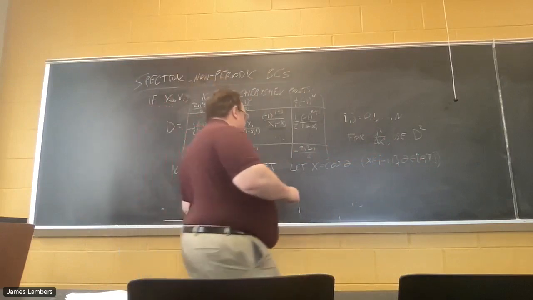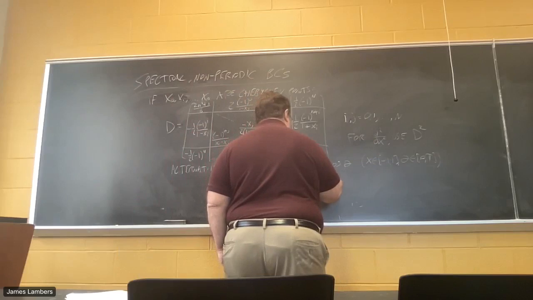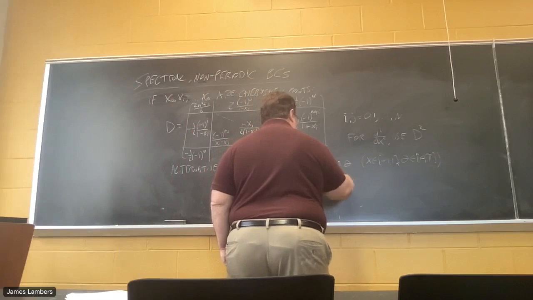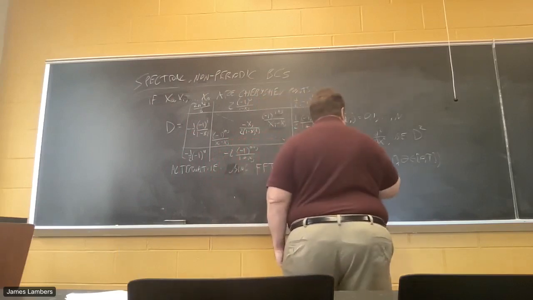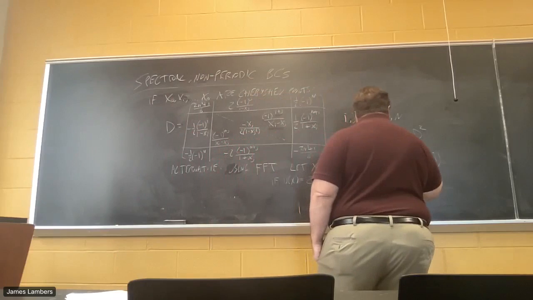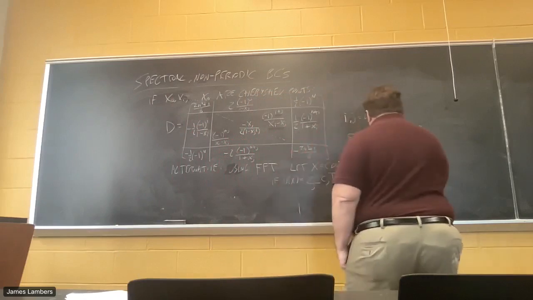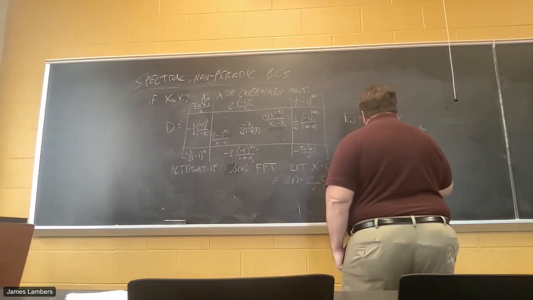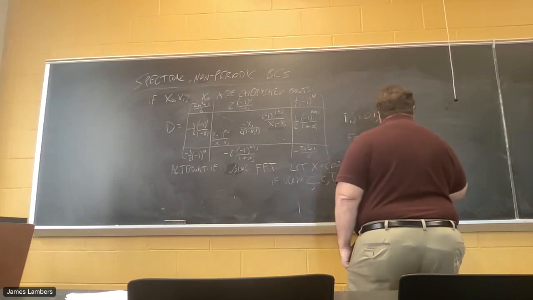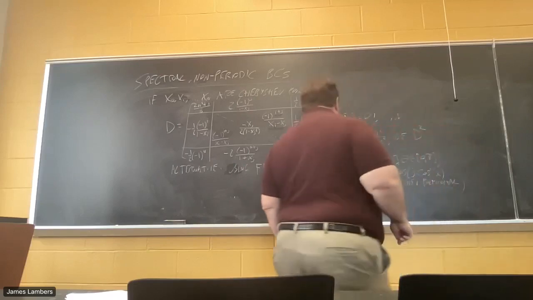Okay. Then, if u of x is a linear combination of Chebyshev polynomials, well, Tj of x is defined to be cosine of j inverse cosine of x. So this is a definition of a jth degree Chebyshev polynomial.